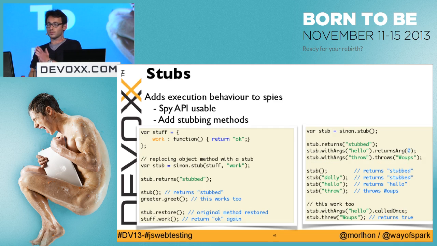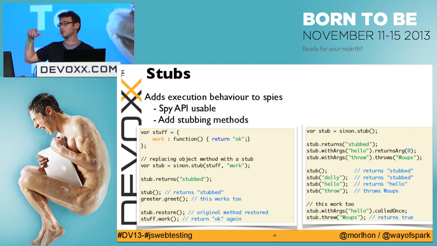Stubs. Stubs inherit from the spy API, and add stubbing methods. Stubbing is more or less what we would call mocking in Java or in any other language. It allows you to replace an existing function with a stub function, which can be used to tell what will be returned.